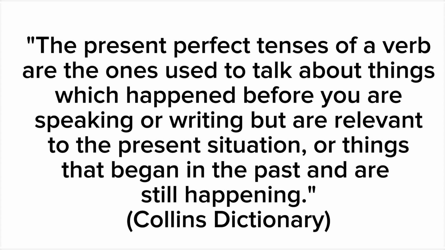According to Collins Dictionary, the present perfect tenses of a verb are the ones used to talk about things which happened before you are speaking or writing but are relevant to the present situation, or things that began in the past and are still happening.